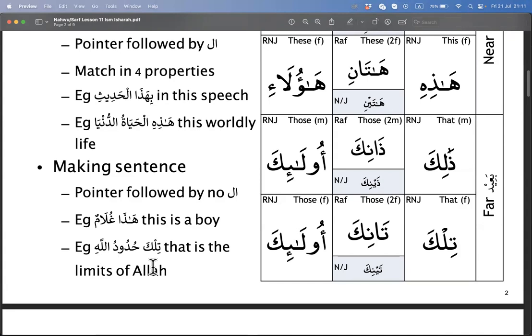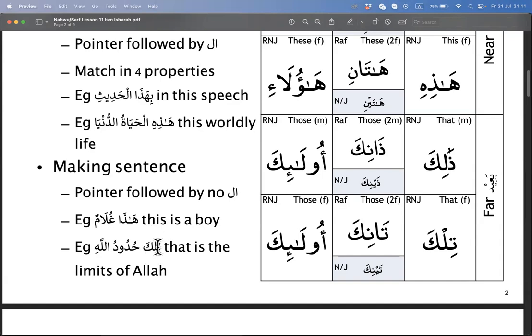So it's Rafa because of the hudu. Feminine, singular, proper. Yes. Now, this is Rafa, not really because of hududu. We'll do that later.